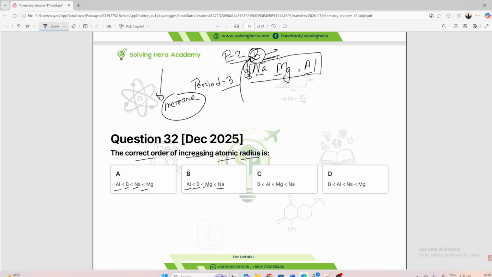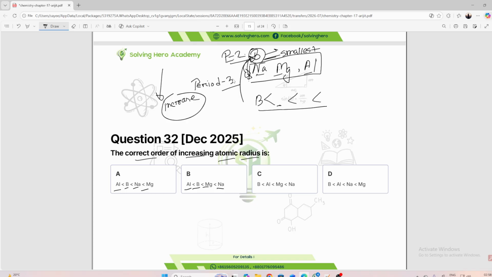Am I clear? So this is the smallest. After boron, which element will come, you have to find out.